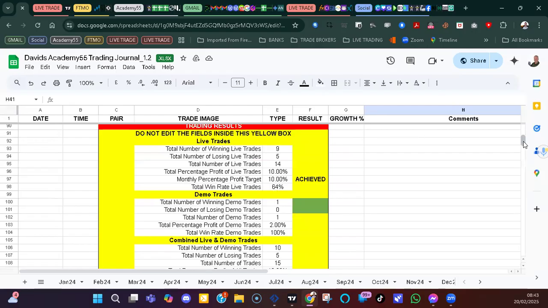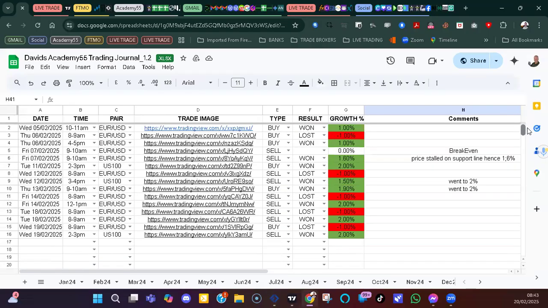My personal journal. That was a demo trade. So the profit on the demo trade was 2%, obviously, because I just won that. So I encourage everybody to go in, all the members of Academy55, to have a look at that, make a copy of this, and make one of your own.